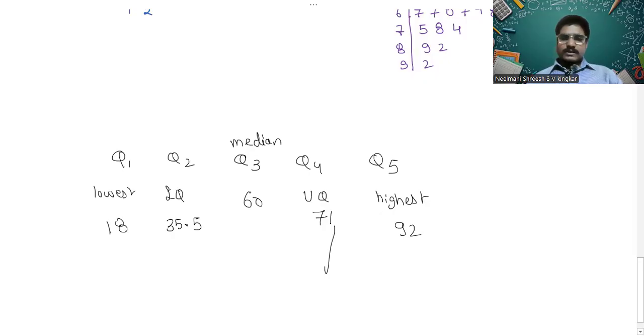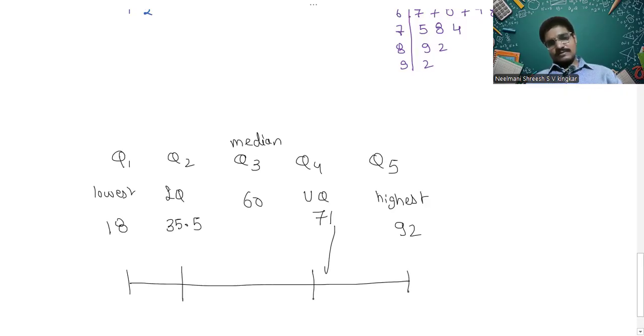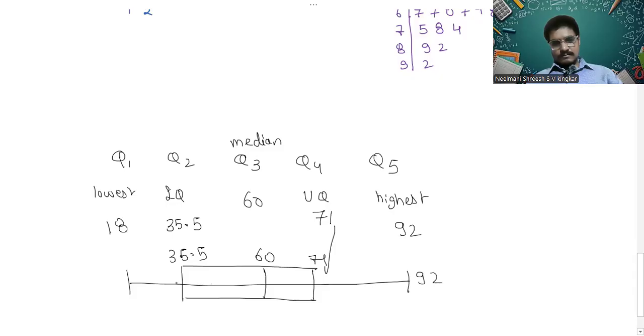This is what I got at this point. So when I wanted to draw it, it would be something like this: 18, 92, this is 35.5, this is 71, and this is 60. Kind of a box and whiskers that we need to form.